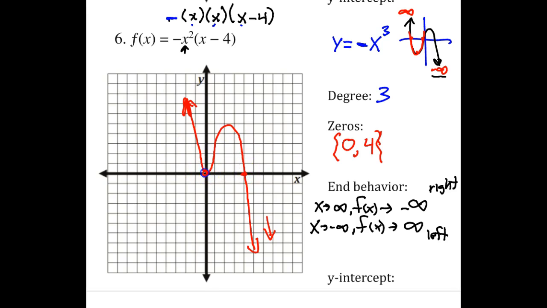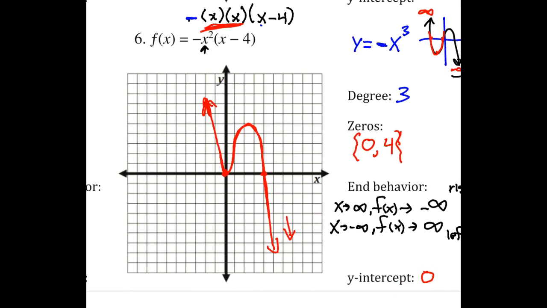The reason I bounced off this one is because there were 2 of them that are 0, and then went through positive 4. We call that a double root. And the y-intercept is also 0. Anytime an x-intercept is 0, that's also the y-intercept 0.